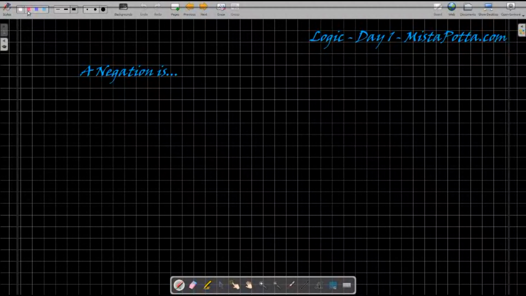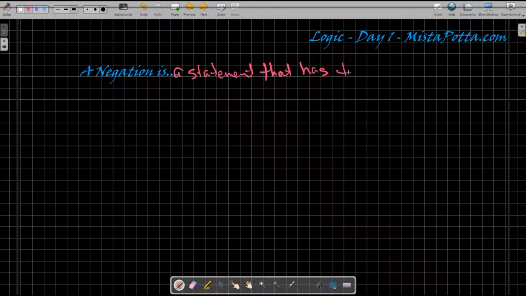The next thing that we're going to be talking about are negations. And again, I'm giving you a term, so you expect a good definition. And a good definition has to have the is a part and a has a part. Now, I mentioned before that in logic we deal with statements. So a negation is a statement. But now I need to distinguish it from all of the other statements that are out there.